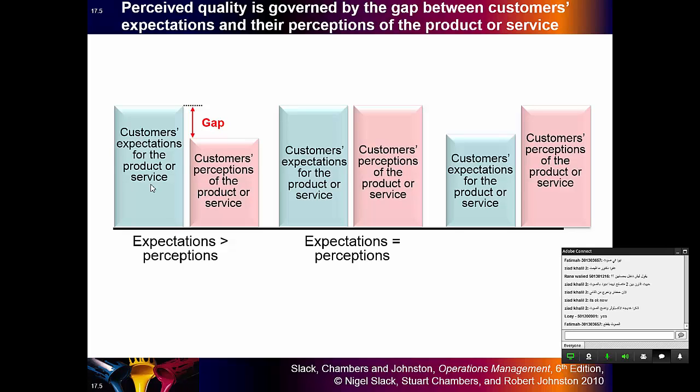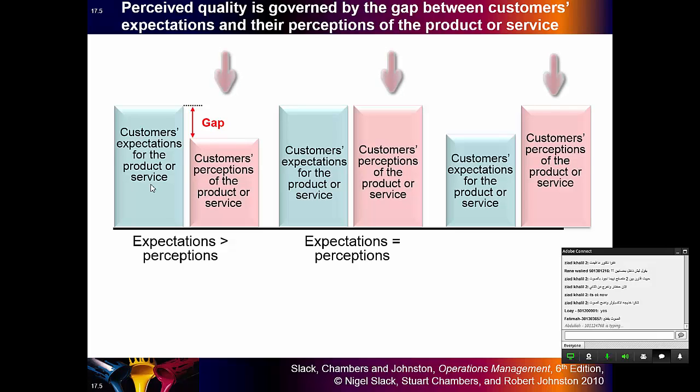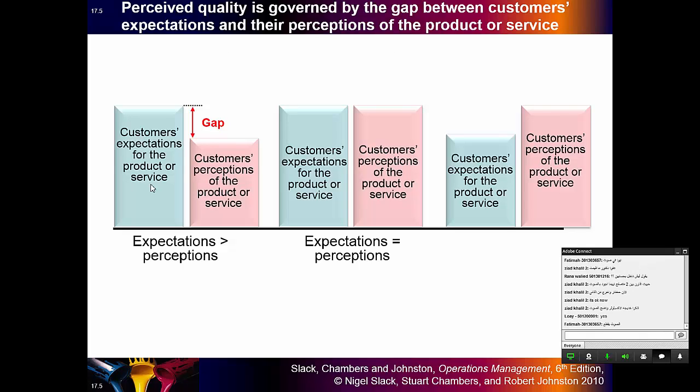After using the product or service, the customer will have some perceptions about the product or service. If his perception was not good, that means it did not reach his previous expectation about the product or service, then we can say that the quality of the product is poor from the customer point of view.